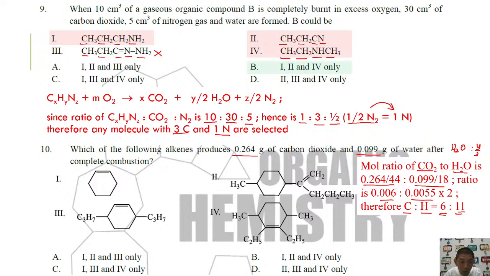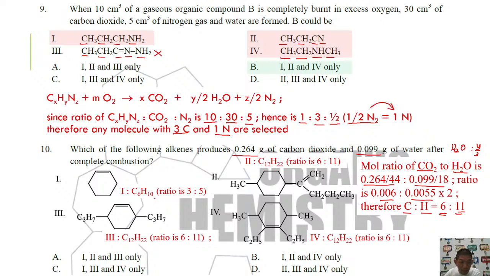So let's find out together one by one what is the simplest ratio for each of them. For number 1, the formula in here is C6H10, so the ratio is 3 to 5. So 1 is wrong. In number 2, if you calculate properly, it is C12H22, which makes the ratio 6 to 11. Therefore, 2 is correct.